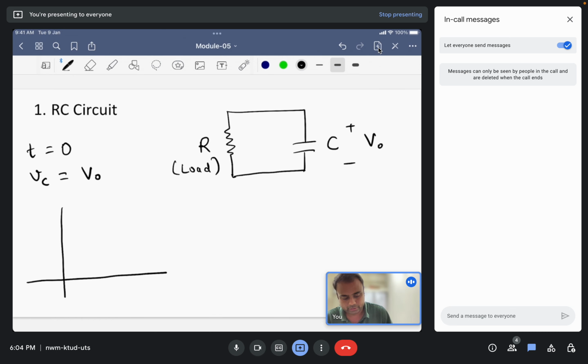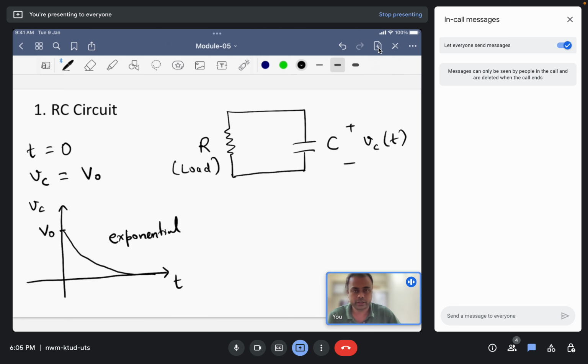Suppose along the x-axis we have time, and along the y-axis we have the voltage across the capacitor, Vc, which is a function of time. At t equals 0, since the capacitor is fully charged, we denote this by V0, and slowly the capacitor will start to discharge, and the nature of discharge will be an exponential curve.